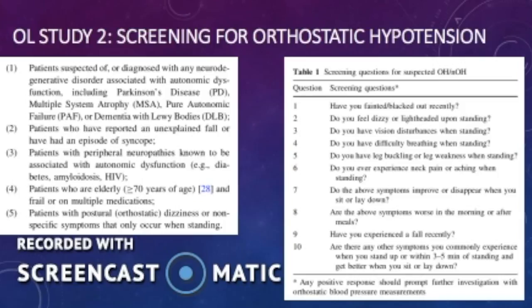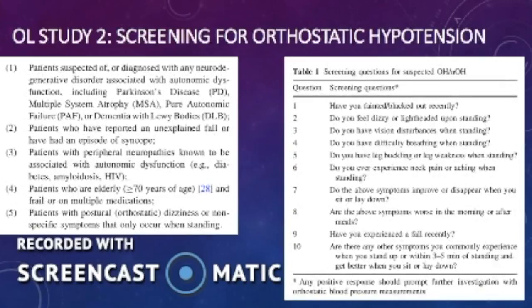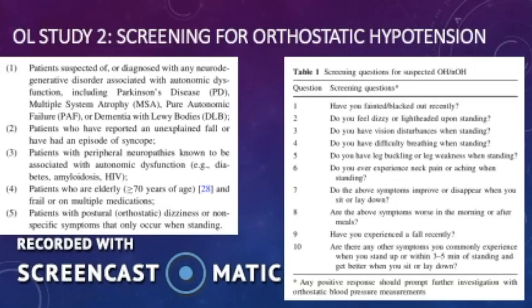The table on the right is some screening questions that this study came up with to screen in or out orthostatic hypotension, as you can see here. And any positive response from this table should prompt some further investigation for orthostatic blood pressure measurements as well.